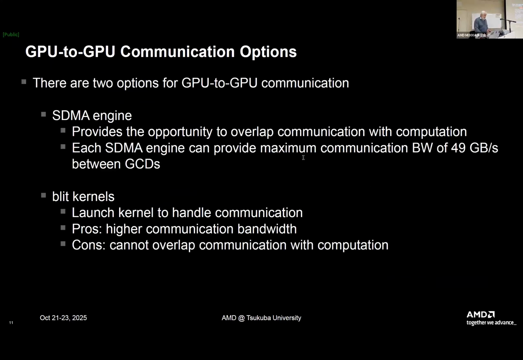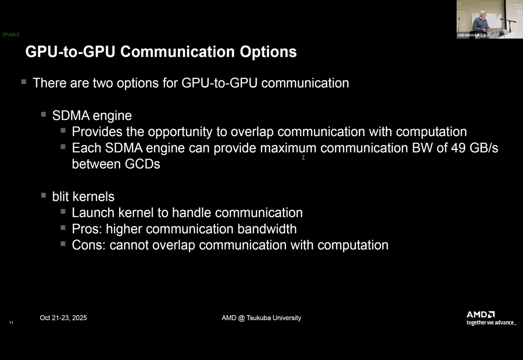Okay. And there are 2 options for GPU to GPU communication. We can actually make that communication a kernel, or we can use this SDMA engine, so a hardware engine in the device. If we do the SDMA engine, we're not using up a SIMD unit on the GPU, but it's slower.